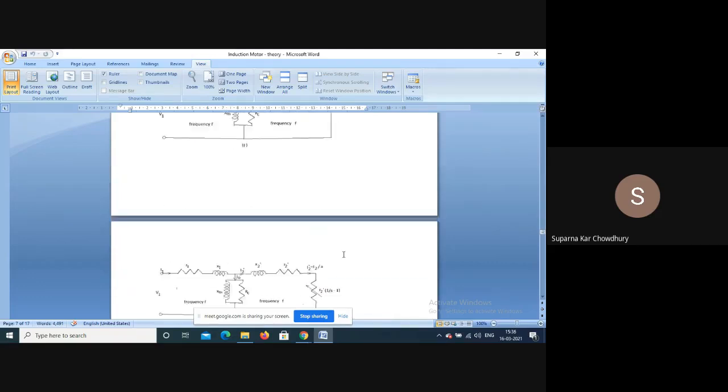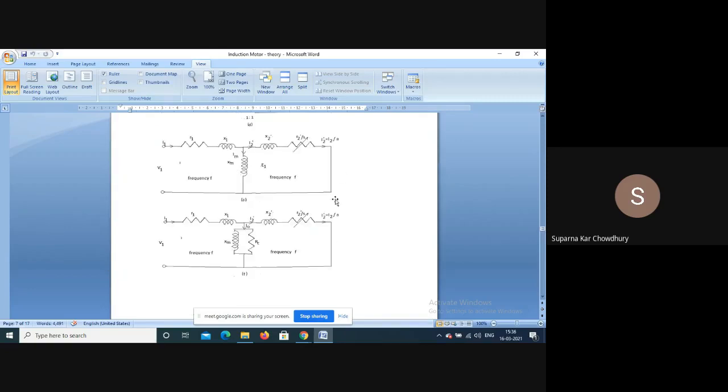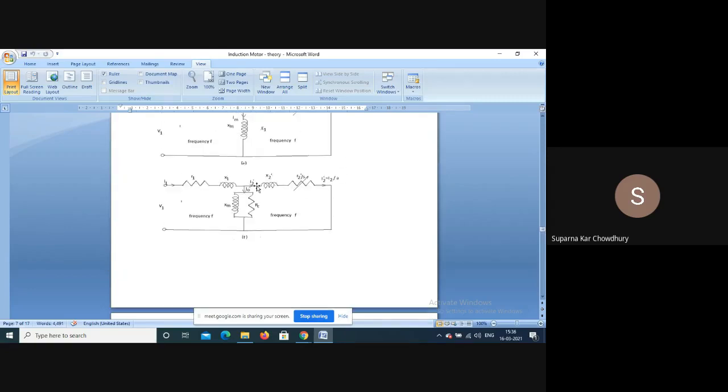So now this circuit, if we consider the total one, including the core loss resistance. Now remember one thing, that we have connected the stator equivalent and rotor equivalent circuit.